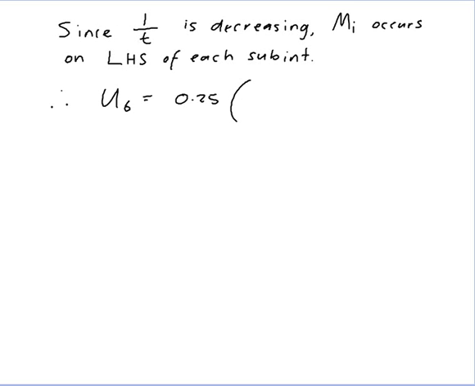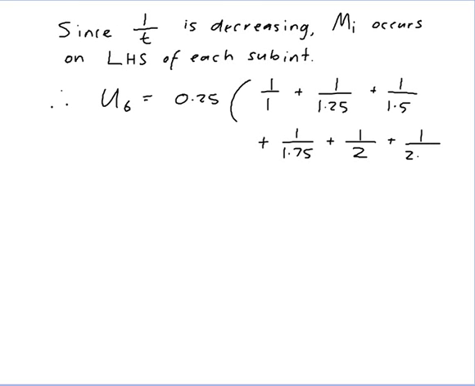So it'll be 1 over the left hand end of each of the subintervals, so that would be 1 over 1 plus 1 over 1.25 plus 1 over 1.5 plus 1 over 1.75 plus 1 over 2 plus 1 over 2.25, and that comes out to 0.25 times 3.9825 approximately, and that's equal to 0.9956. Great, so I've figured out u6.